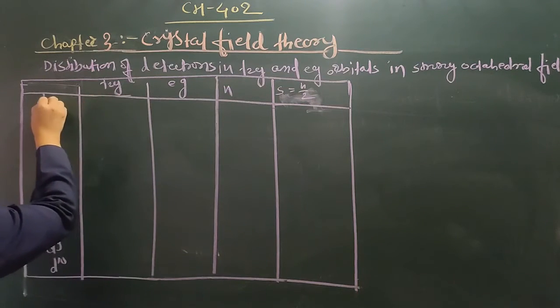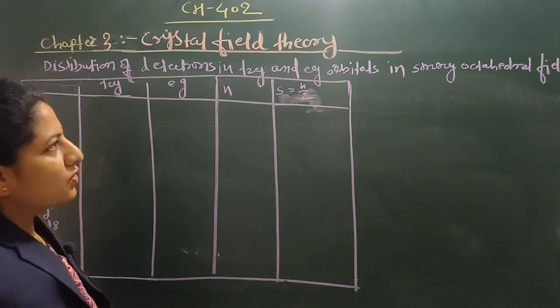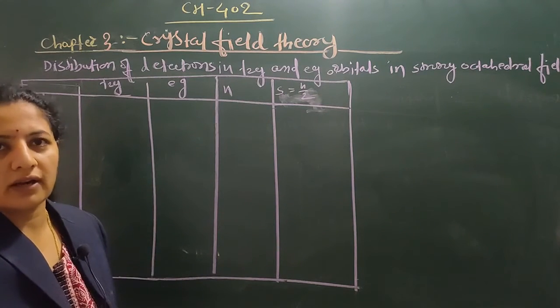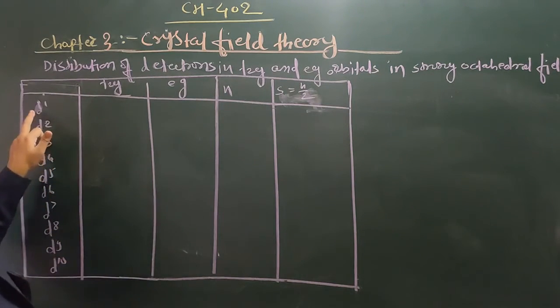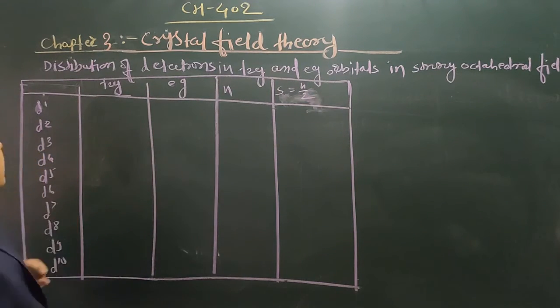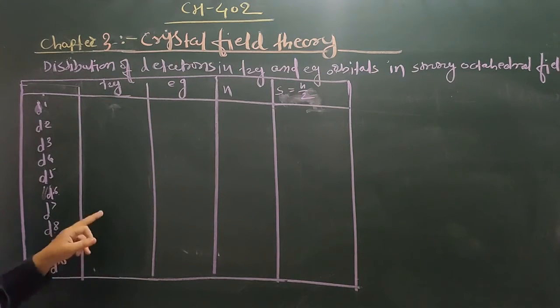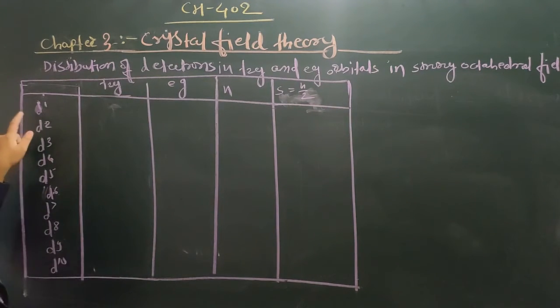If you observe here, the systems are d1, d2, d3, d4, d5, d6, d7, d8, d9 and d10, and we look at d-electrons in the t2g and eg orbitals in a strong octahedral field. Let's discuss how the electrons are distributed in t2g and eg orbitals.